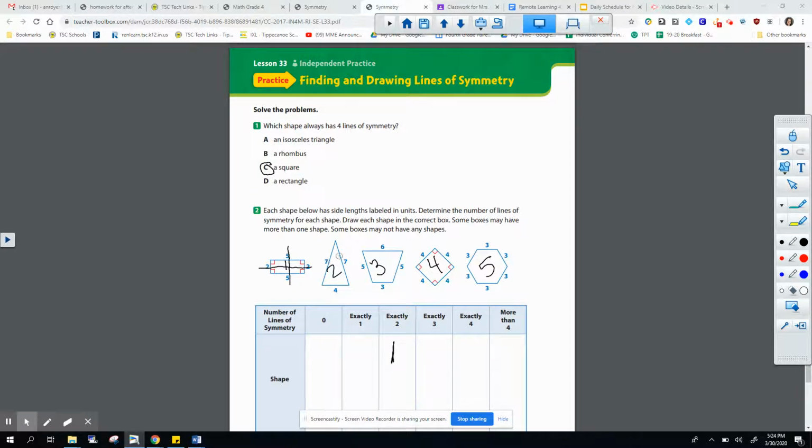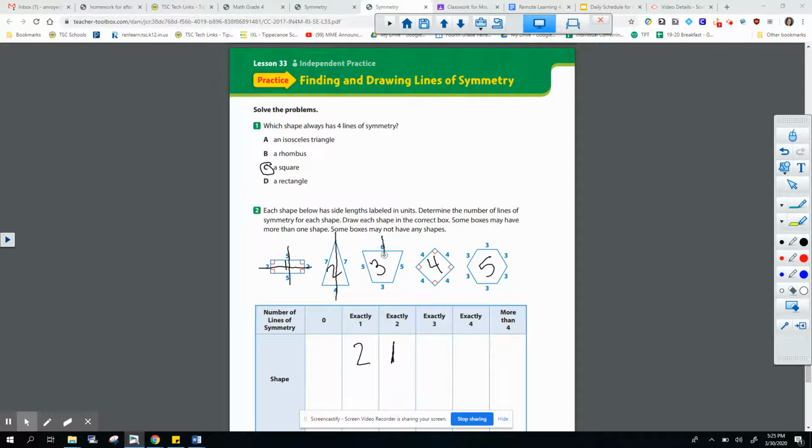This one is an isosceles triangle. We talked about that yesterday. So an isosceles triangle has 2 equal sides. So I can divide it vertically like this, and it will line up, but I can't divide it horizontally because I have that point at the top. So this just has 1 line of symmetry, so I'm going to put a 2 right there. Then I have a trapezoid.